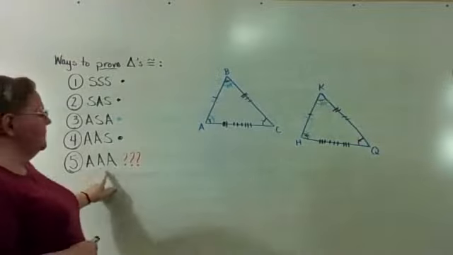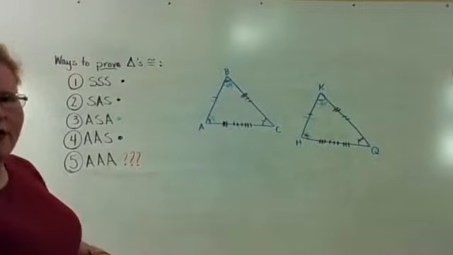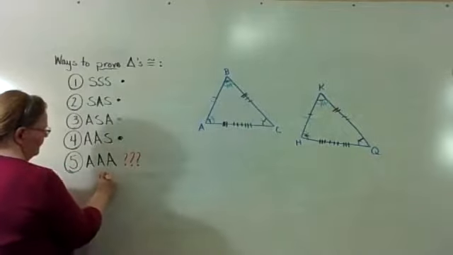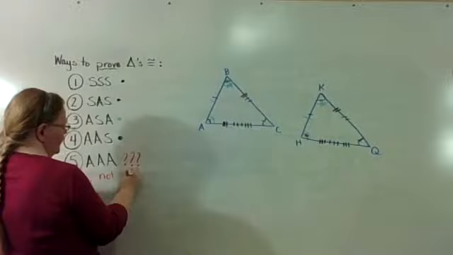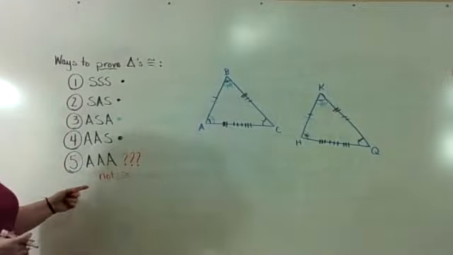What about angle, angle, angle? Does that mean that my triangles are congruent? No, it does not. It doesn't mean that they're congruent. They could be congruent, but they don't have to be congruent.